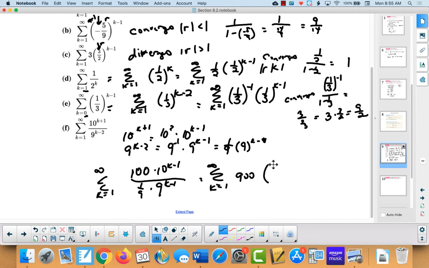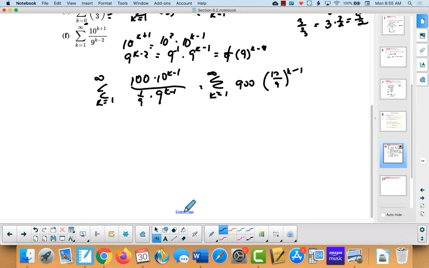And then we can take that 10/9 to the k minus 1 power. So now we have it in the form that we want. This is our r. The absolute value of r is greater than 1, so that series diverges.